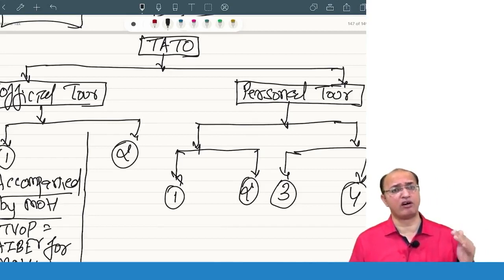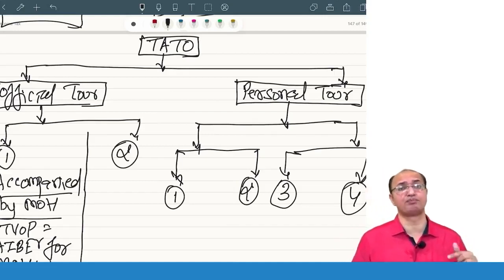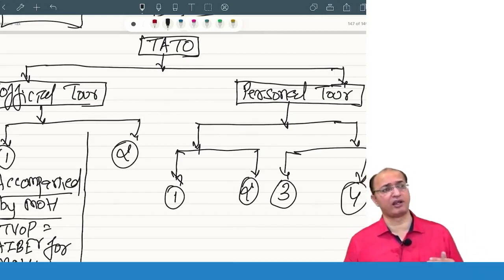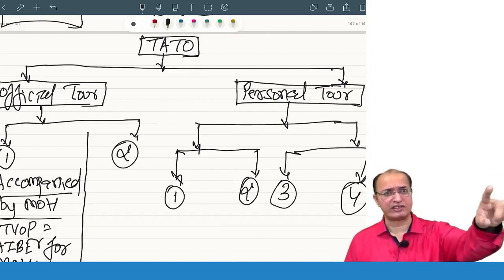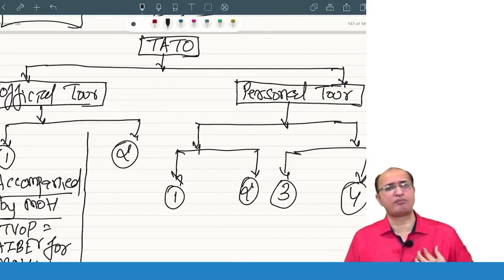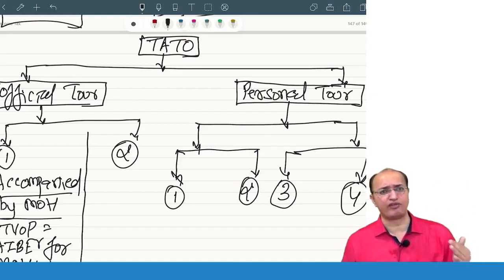At the beginning of the topic, I told you that perquisite can become taxable only if there is a personal advantage. If there is no personal advantage, nothing can be taxed. Say for example, I am taking lectures here, they have kept the AC on. They are incurring some cost, but I don't get any personal advantage out of it. This facility is given to me for performance of my duties.